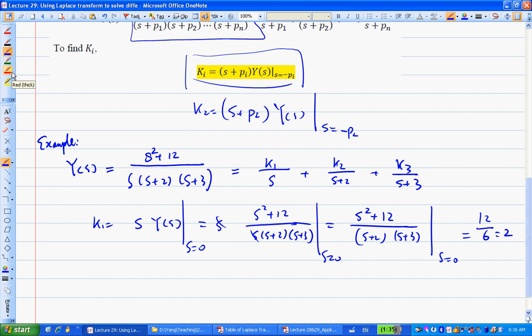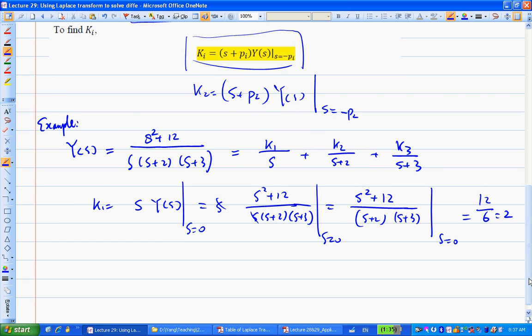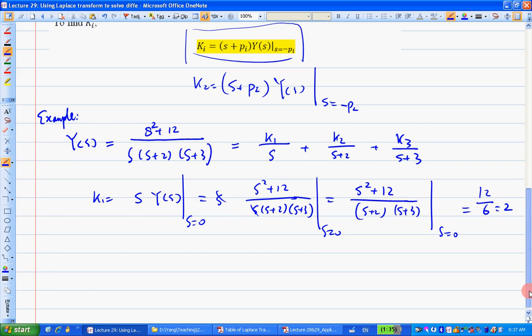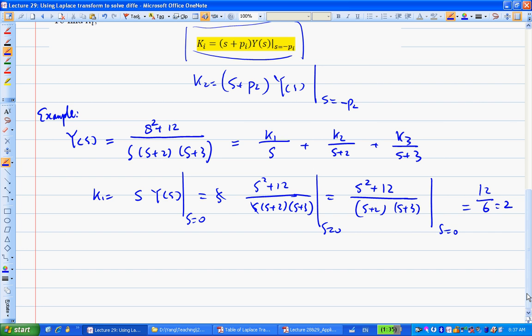Is that good? Take a second look at this one here, see how it works. Any questions?